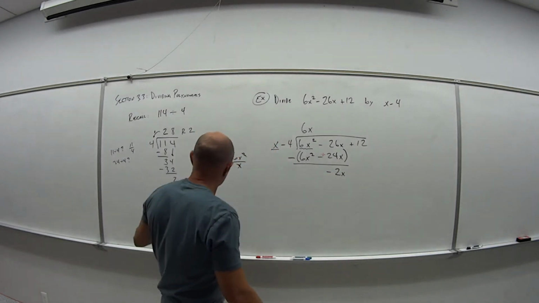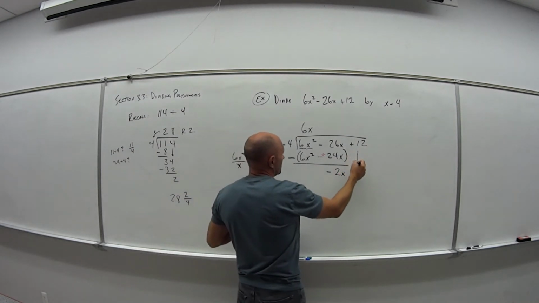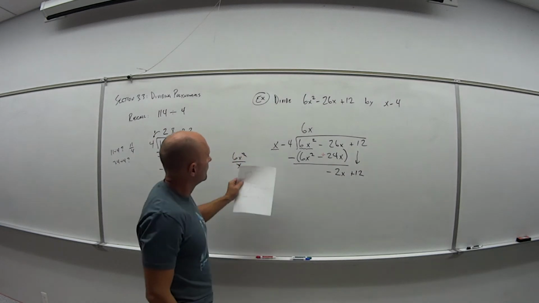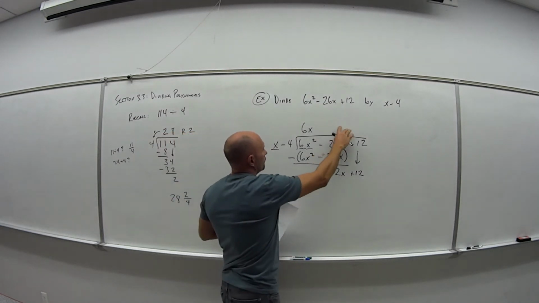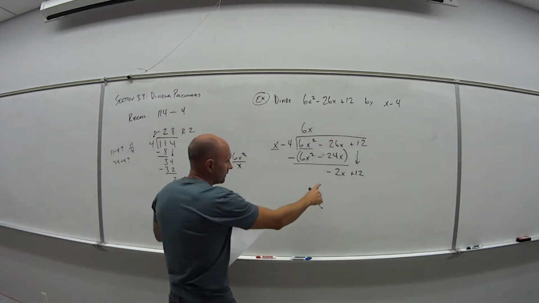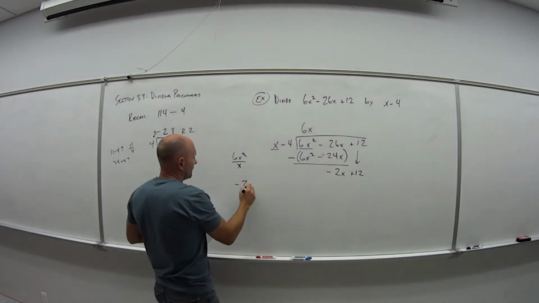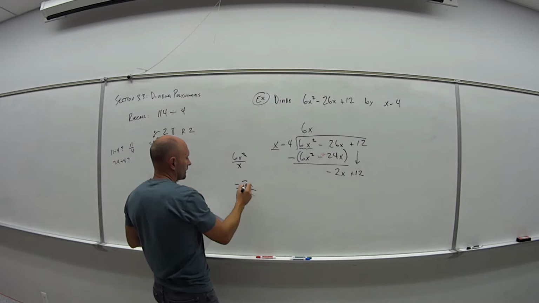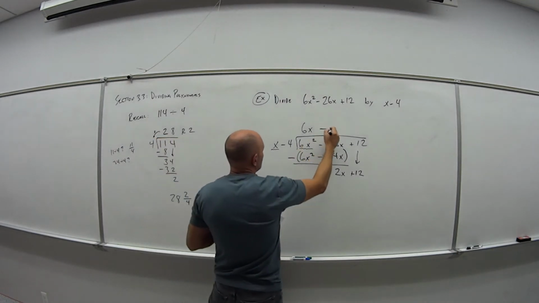And just as in the long division, I bring down the next piece in my polynomial, which is the plus 12. So now to figure out the next term in my answer, I have to take this one, minus 2x, divided by this term here, x. So the x's cancel, and I get minus 2.